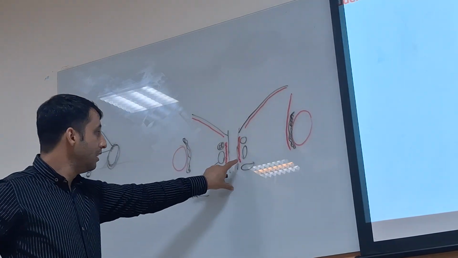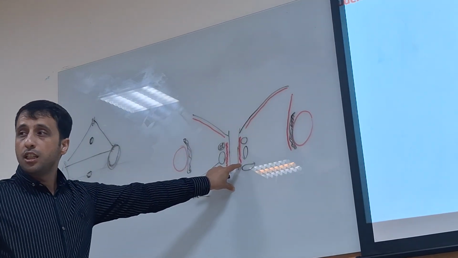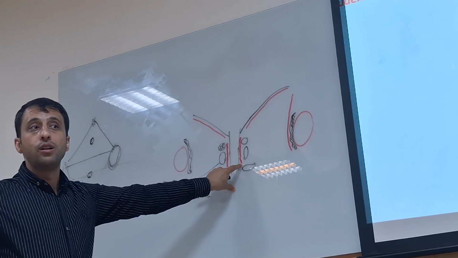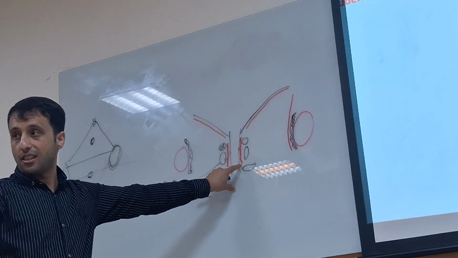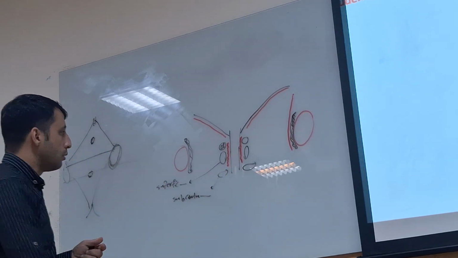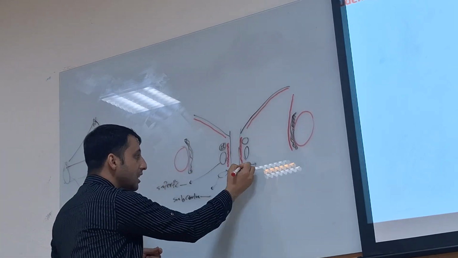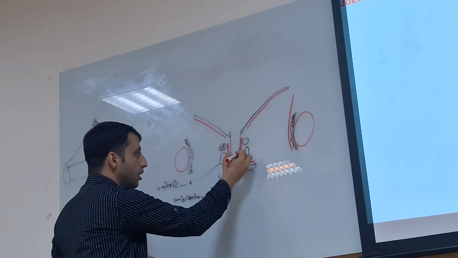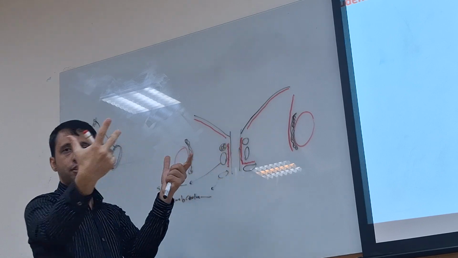And this muscle is circular layer or longitudinal? Longitudinal. Yes, it is the longitudinal muscle which ends at this area, and then it is attached to a fascia.